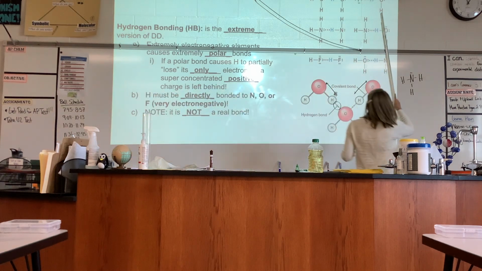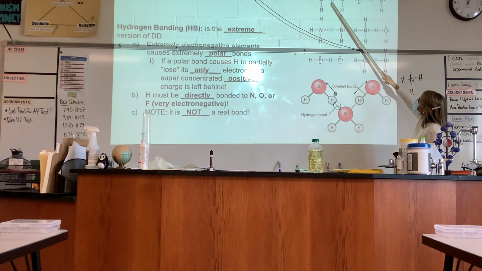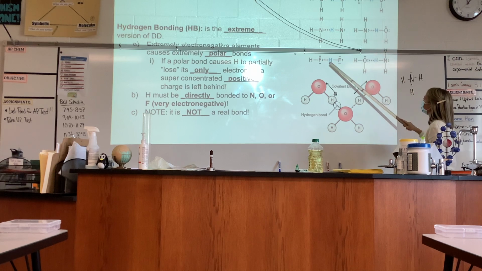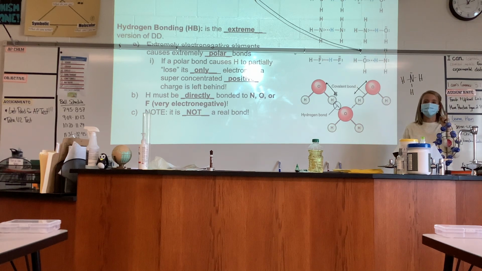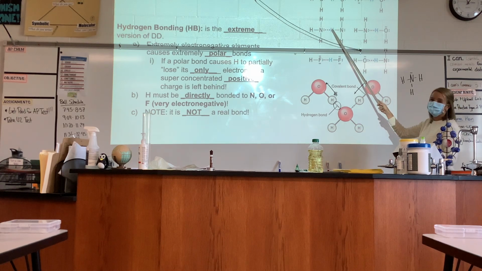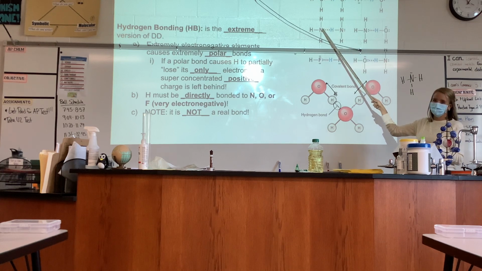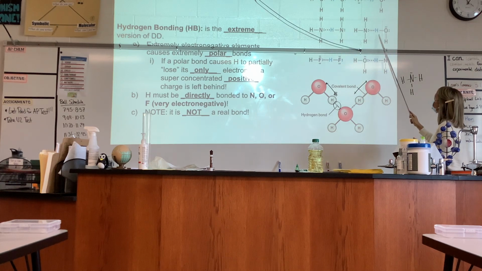All of these red dots are different examples of where hydrogen bonding exists. Notice you have to have the NOF sandwich. H in the middle, N on one side, and N on the other side. Same thing, H in the middle, O on one side, O on the other side. It wouldn't work if it doesn't have it on both sides of it.